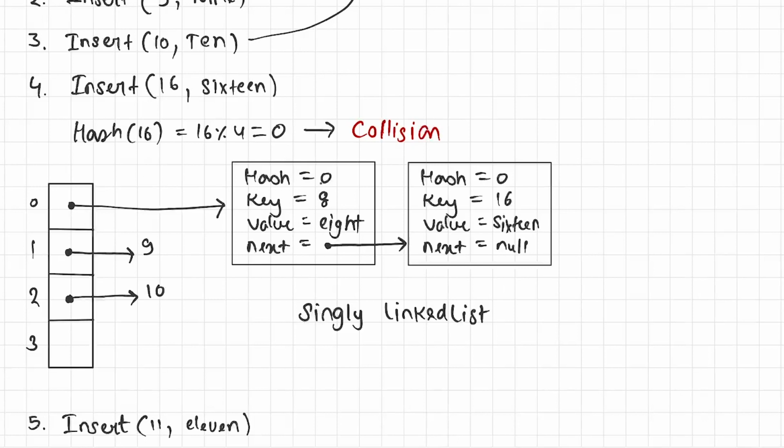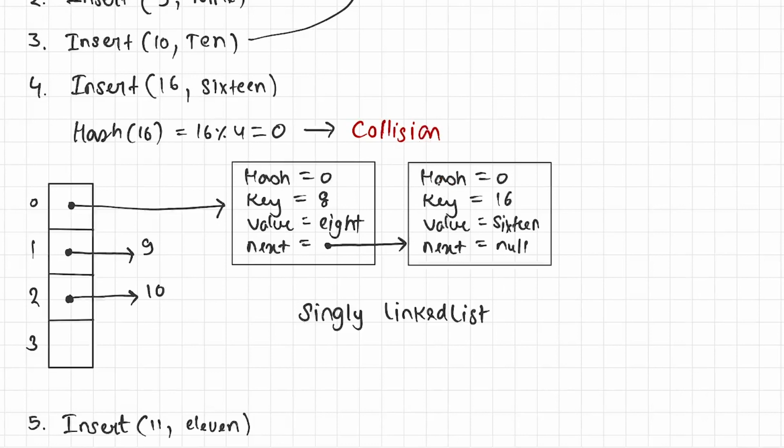So the next field of this object is going to point to this object, that is 16, and the reference of 8 is already stored at bucket 0. So basically we are chaining two objects. This is a technique used by HashMap in case of hash collision.